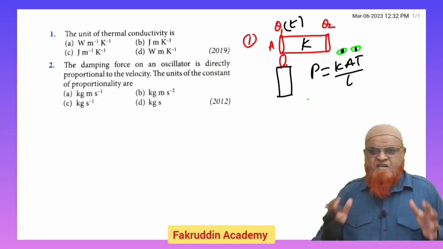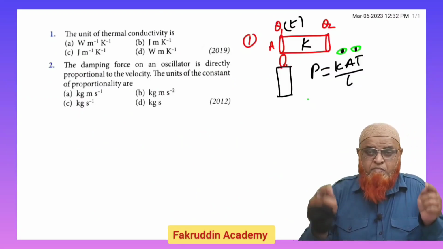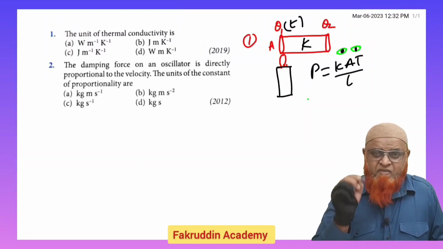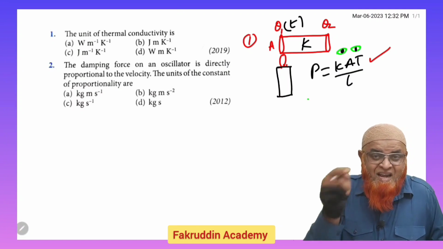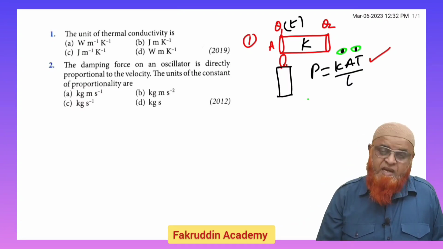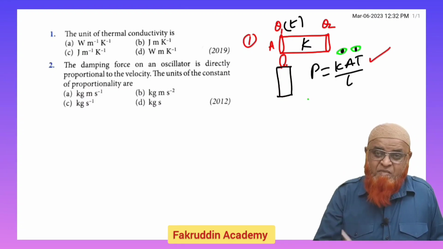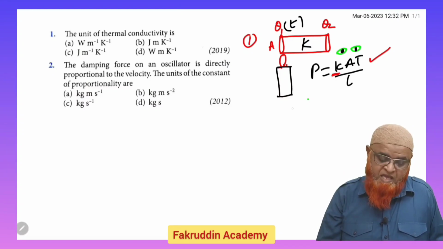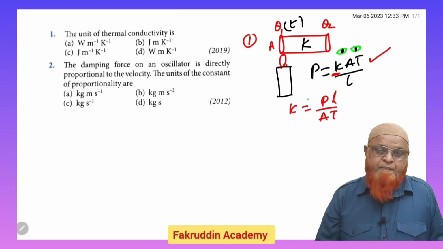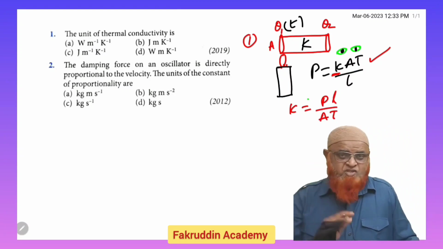Friends, I will tell you a shortcut formula to remember for the coefficient of thermal conductivity concept. Here power is nothing but cat by length of the tail of the cat. Let us remember it like that, cat by length of the tail. So here he is asking us to find out the coefficient of thermal conductivity, which is taken as capital K. So K is equal to P into L by A into T, where T is temperature, not time here.